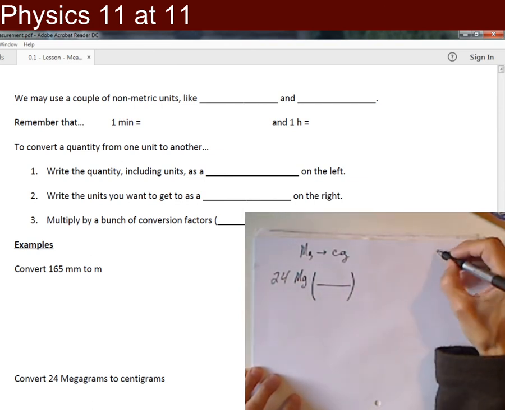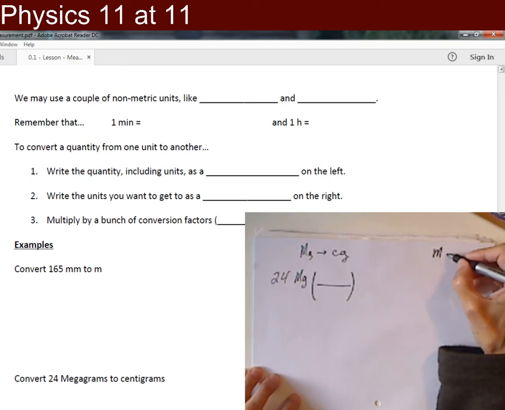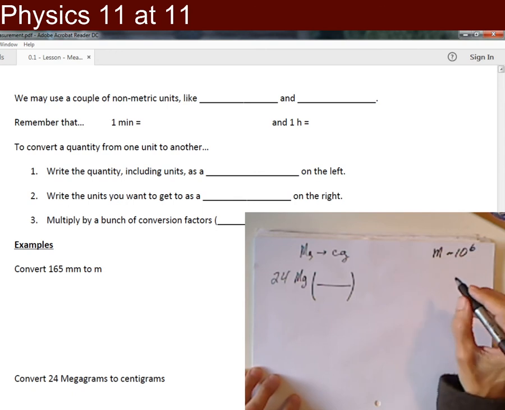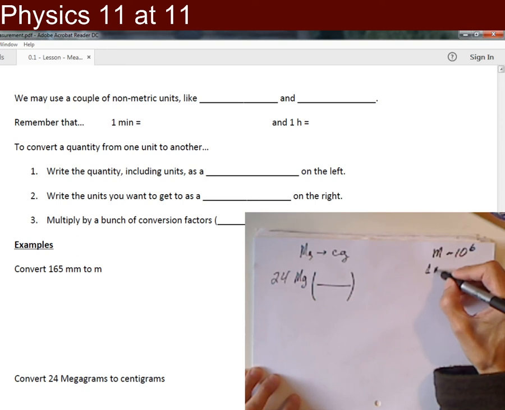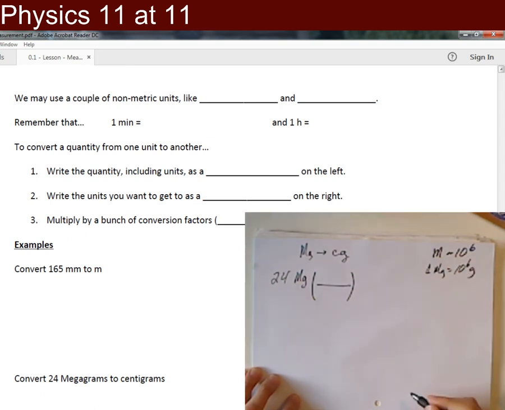From the prefixes, I remember that mega means 10 to the 6. So I'm pretty sure then that 1 megagram is the same as 10 to the 6 regular grams.